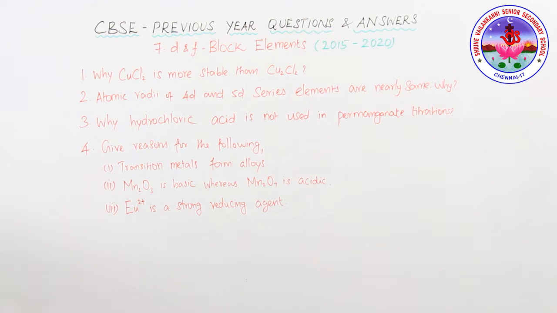KMnO4 is a strong oxidizing agent and HCl will get oxidized to chlorine. That is why we do not use hydrochloric acid, because permanganate KMnO4 is a strong oxidizing agent, so it oxidizes hydrochloric acid to chlorine gas. That is why we do not use hydrochloric acid in the permanganate titration.